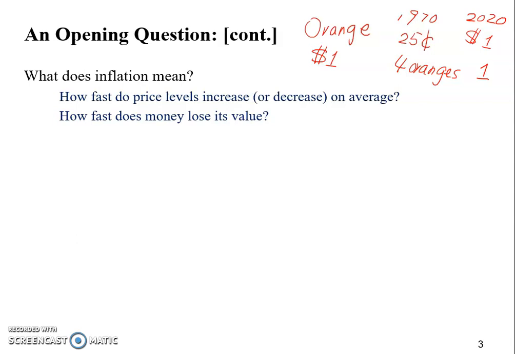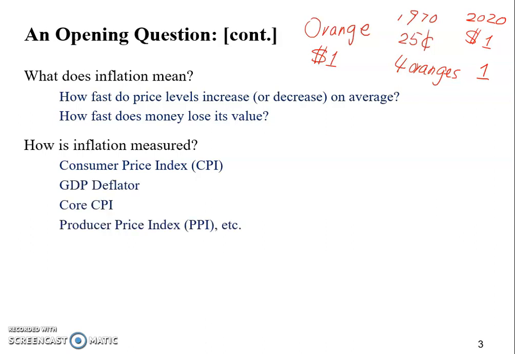And in reality, we have multiple measures of inflation. In this chapter, we're going to spend the vast majority of our time talking about CPI, Consumer Price Index, which measures the price level of consumption goods and services. Later in this chapter, we're going to briefly talk about GDP deflator, which is another measure of price level.